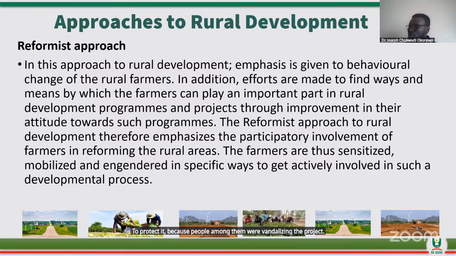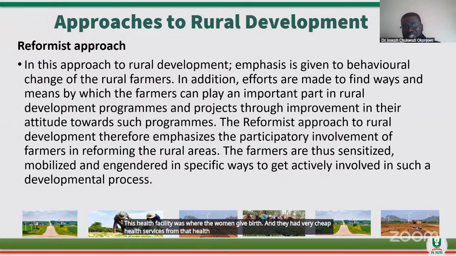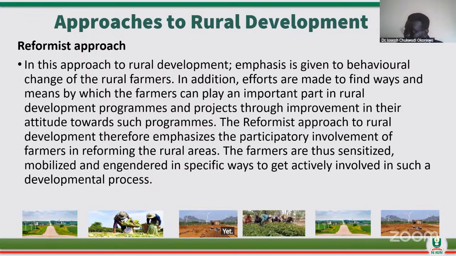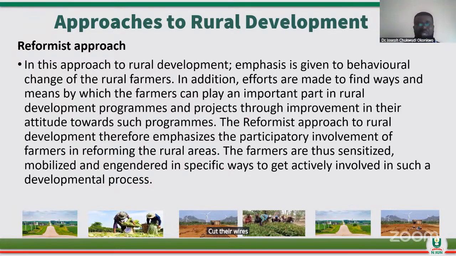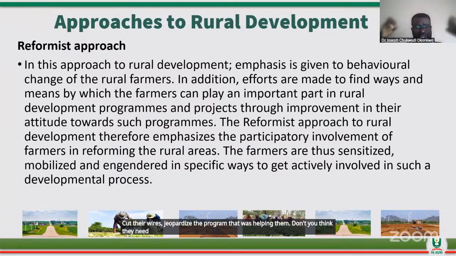This health facility was where the women give birth, and they had very cheap health services from that health facility. Yet, the rural people, the same people from the community, will go there, harass the nurses, the health workers, try to steal their gen, cut their wires, jeopardize the program that was helping them. Don't you think they need a change of their mindset?